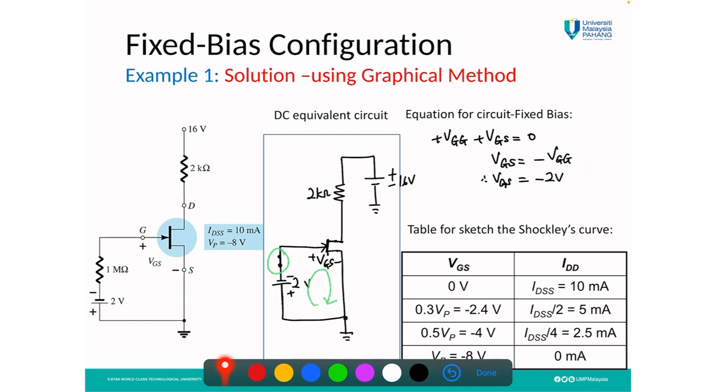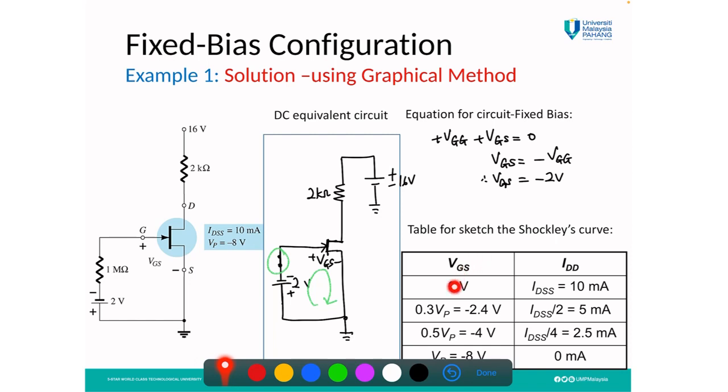Then for the Shockley, we are not using the Shockley equation because we need to draw the curve, because this is the graphical method. So use this table, and this table actually already simplified the calculation from the equation.